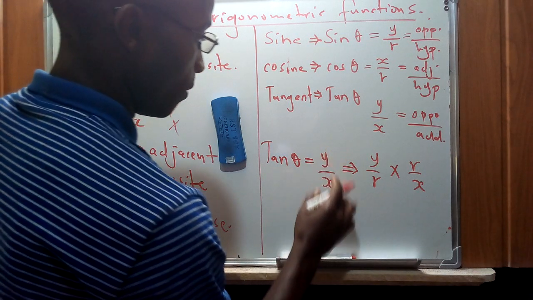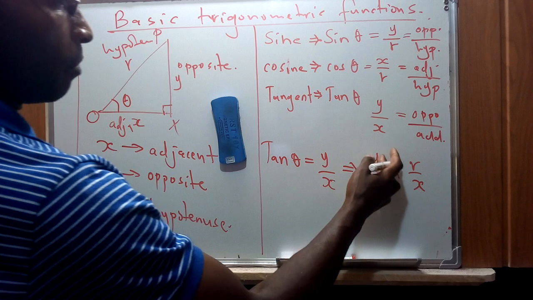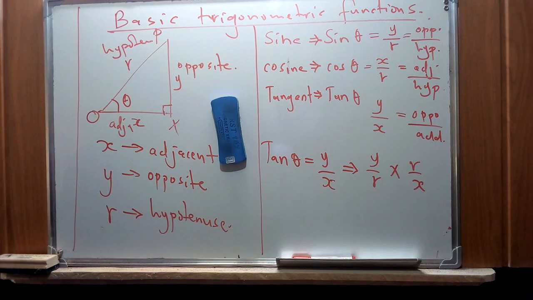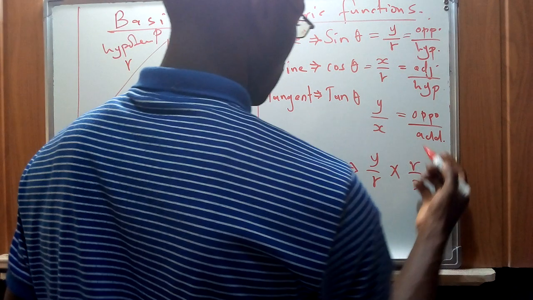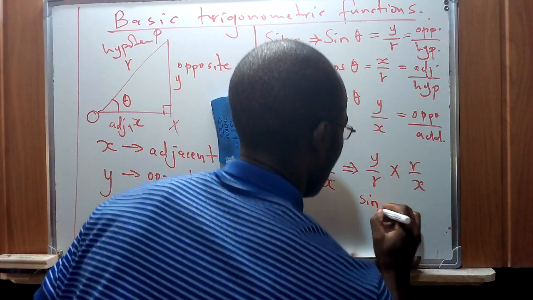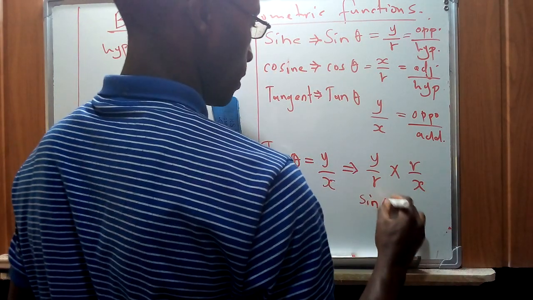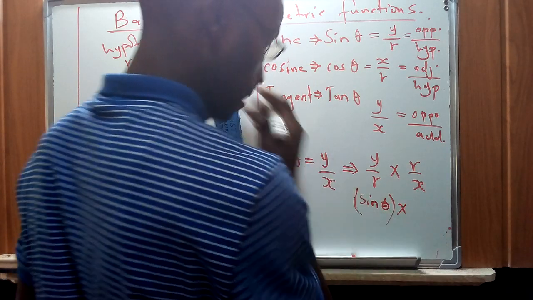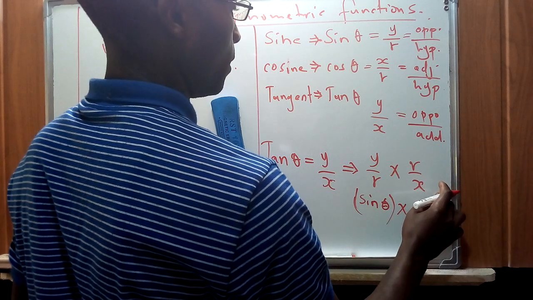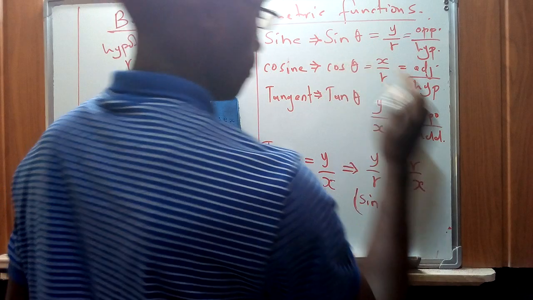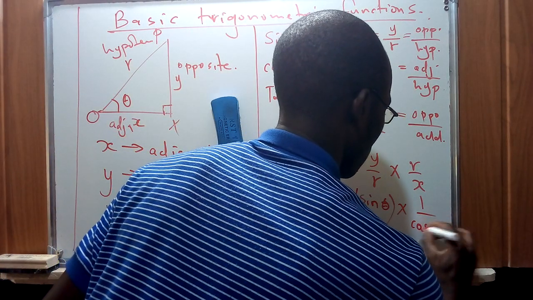So this ratio y over x is the product of y over r times r over x, which stems from the fact that y over r is the sine of theta, whereas r over x, the inverse of x over r, is 1 over the cosine of theta.